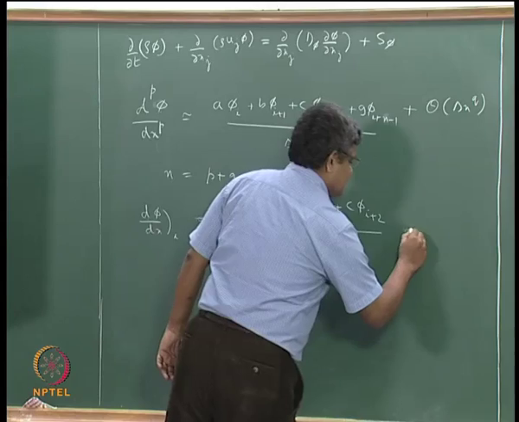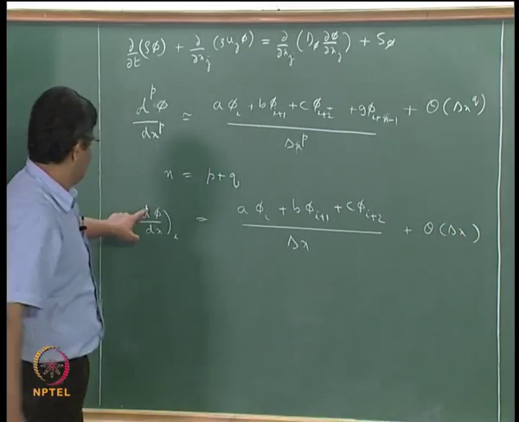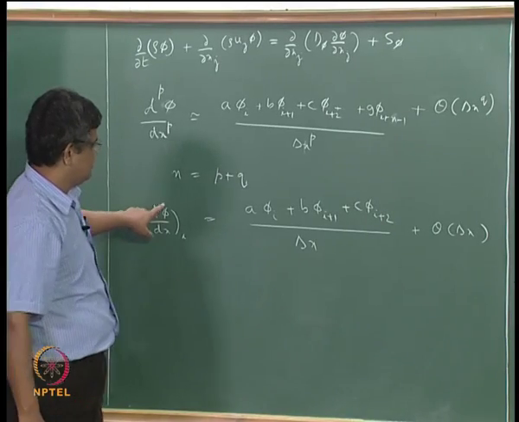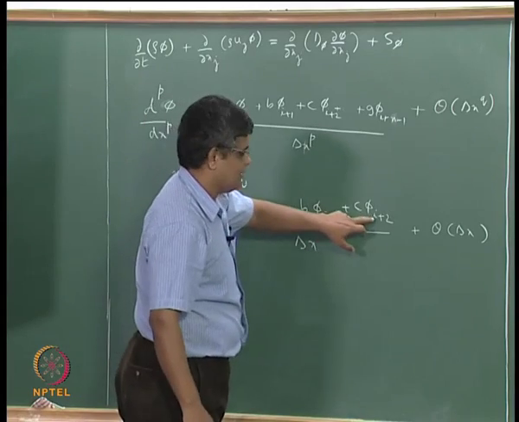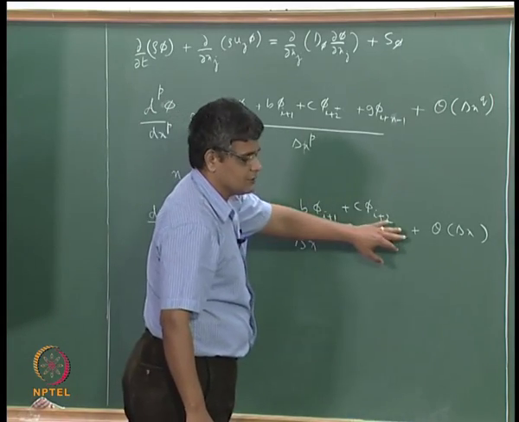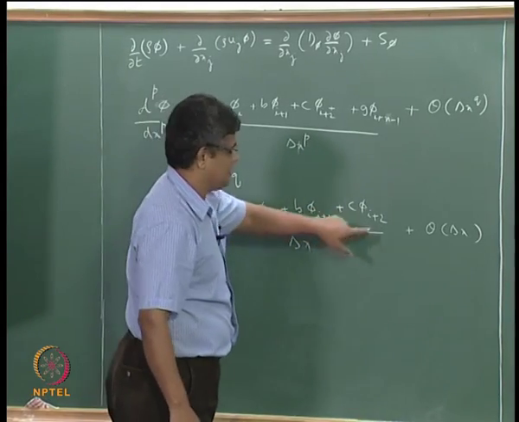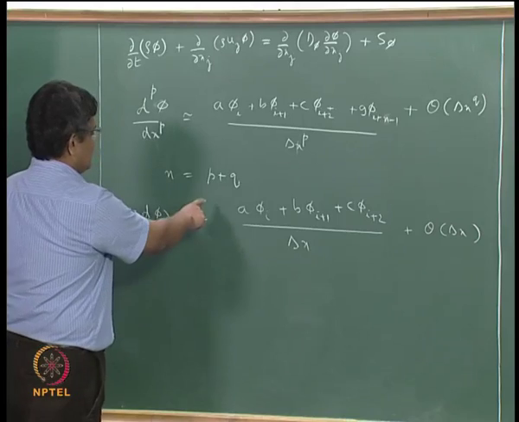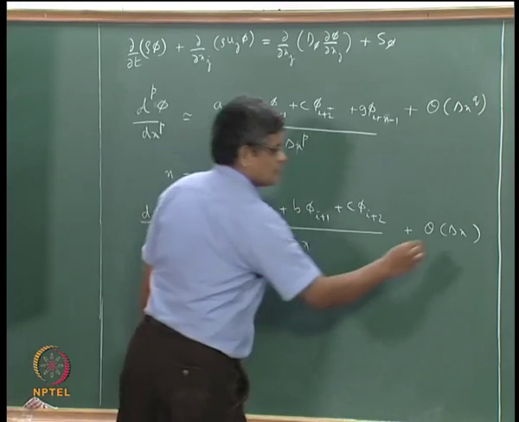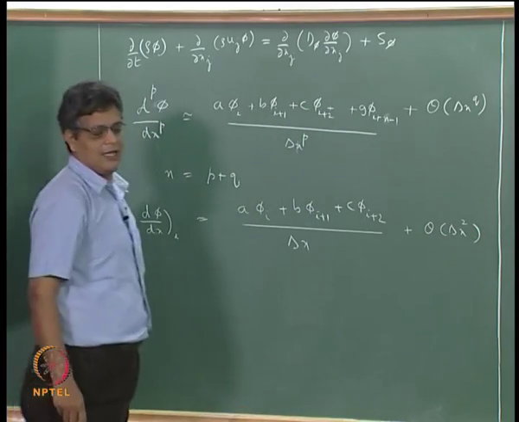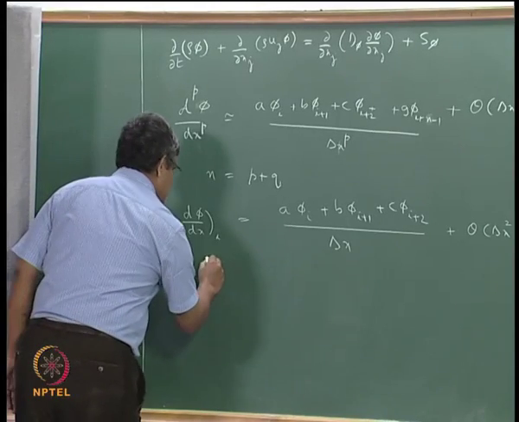As per our formula, p is equal to 1, first derivative, and n is equal to 3, I, I plus 1 and I plus 2, and this is a forward difference approximation. So n is 3 and p is 1, so q is equal to 2. This gives us a second order accurate approximation, and the question is, what are a, b and c?